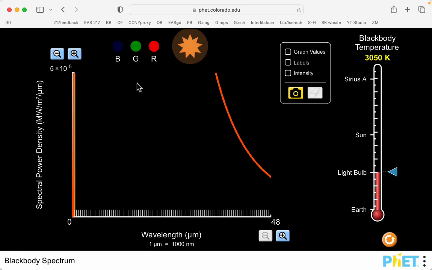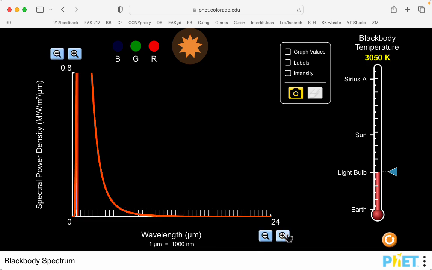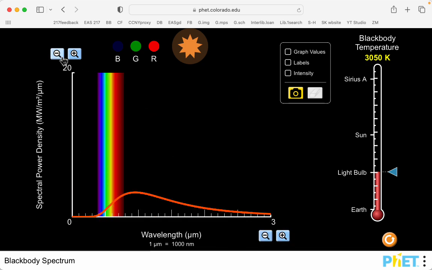A light bulb's interesting. So this would be a traditional light bulb, not the LED light bulb. So that's worth thinking about. A typical old-fashioned light bulb, right? We got rid of old-fashioned light bulbs because they were inefficient. And what that means is they were generating a lot of electromagnetic radiation that wasn't visible.